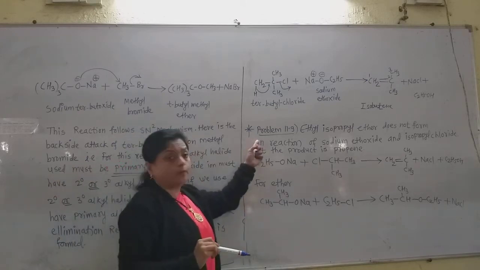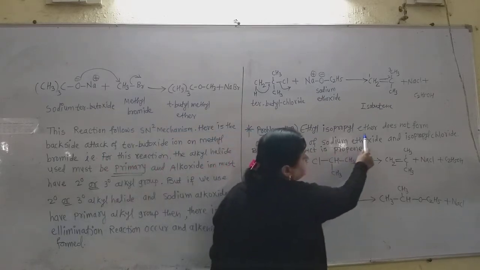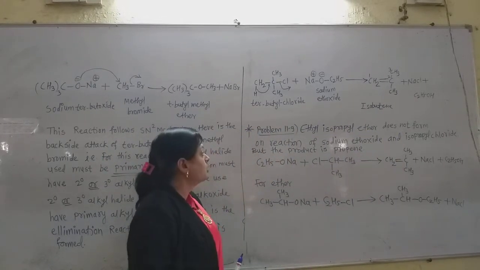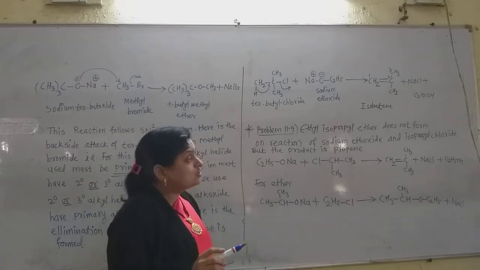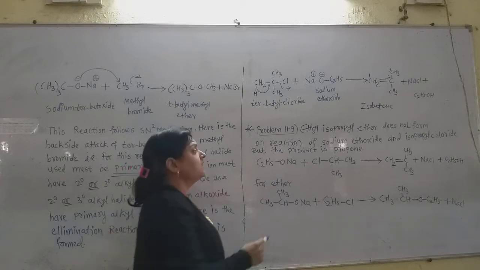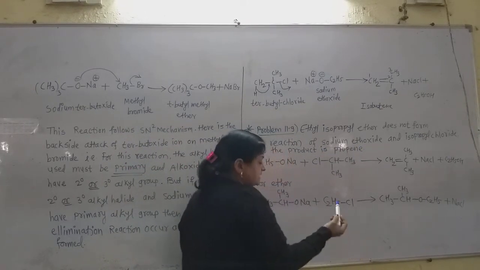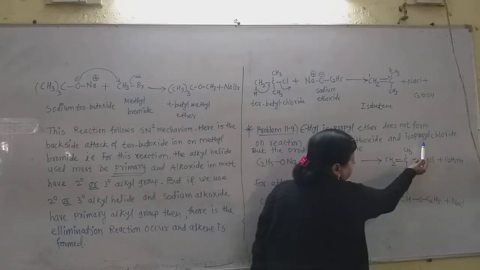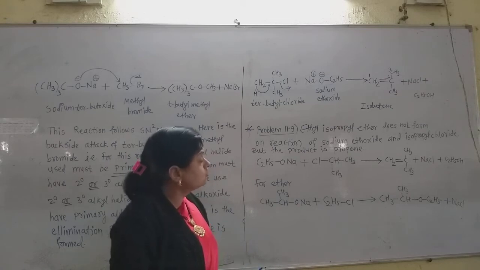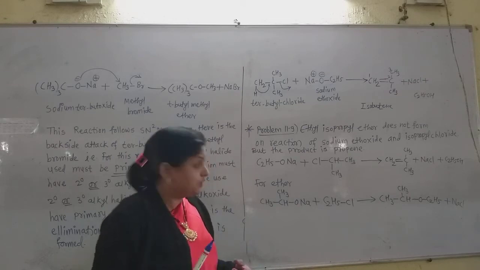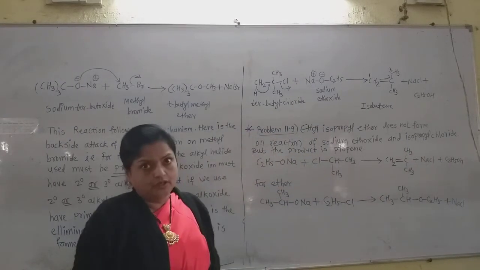Let us see this problem. What is given in this problem? Isopropyl ether does not form on reaction with sodium ethoxide and isopropyl chloride. That means here the alkoxide is sodium ethoxide, and the alkyl halide is a secondary alkyl halide. So they say that ethyl isopropyl ether does not form because this alkyl halide contains a secondary alkyl group.